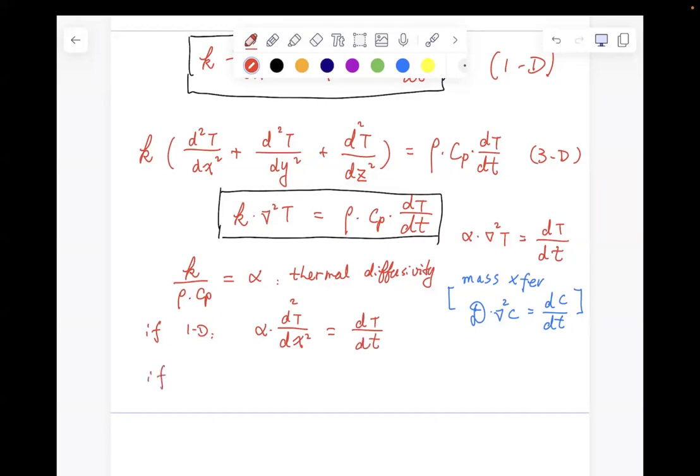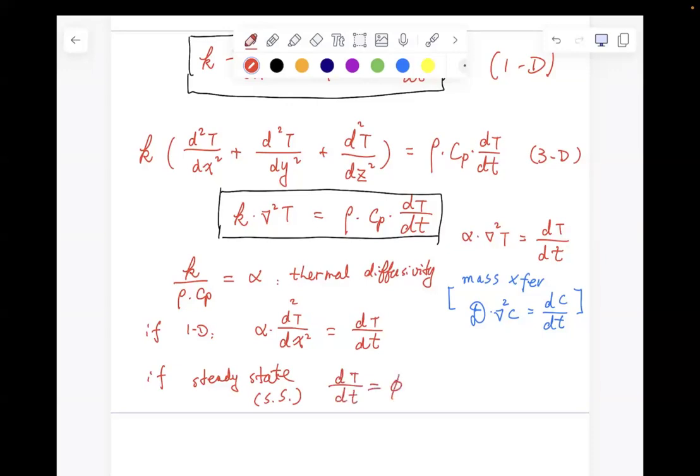And if it's a steady state, this is also a special case of this equation. The steady state means anything that we are talking about, whatever parameter it is at a steady state, that parameter doesn't change along time.